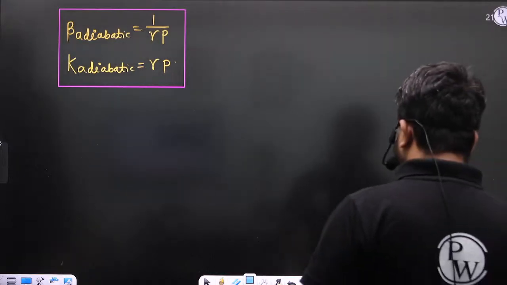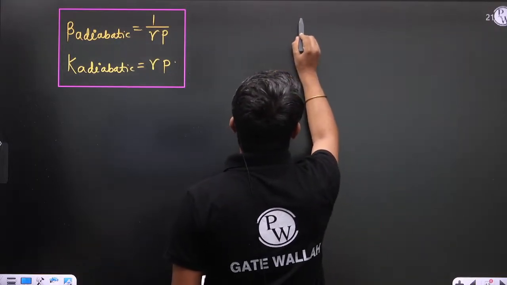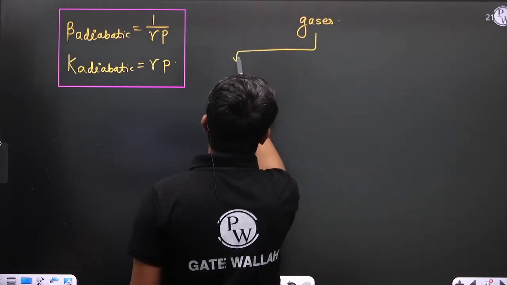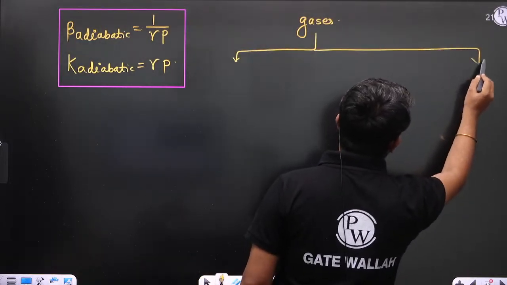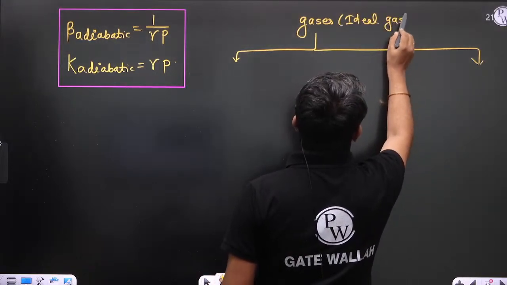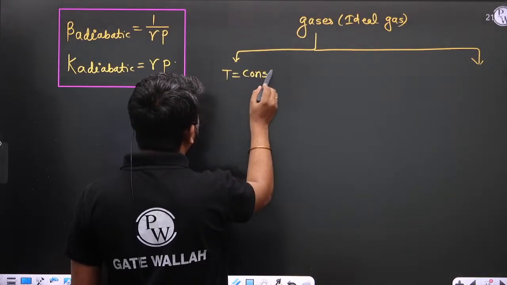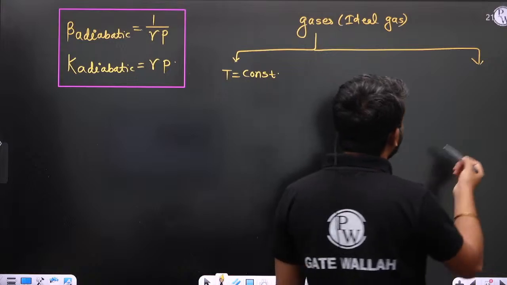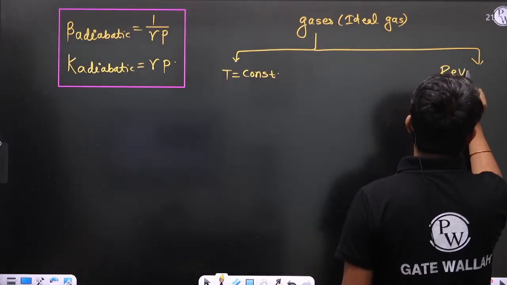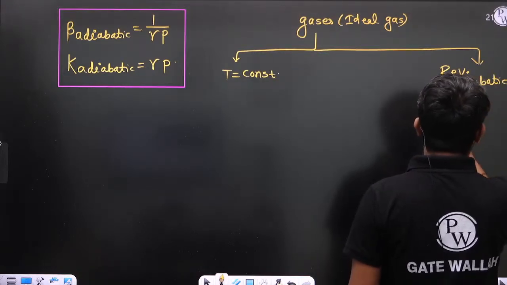Is it okay? So if I'm talking about gases, which gas? Ideal gas, obviously. For the ideal gas, one process is a constant temperature process, and another process is the reversible adiabatic process, or you can say isentropic.